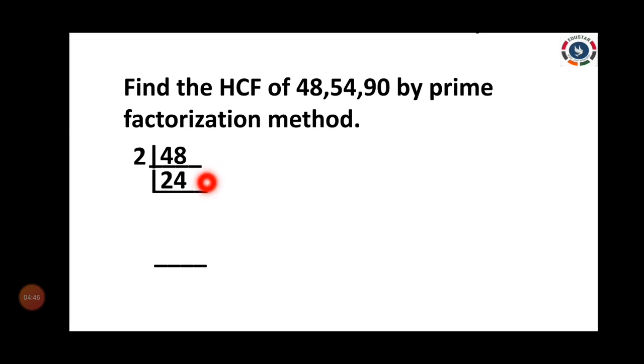So again you are getting an even number. Even number means you have to use again the even prime number 2. So I'm going to divide again. 24 is a composite number. You have to divide the values until getting 1. Now divide the value again. How many 2's are there?